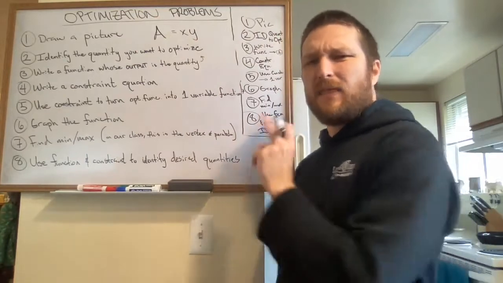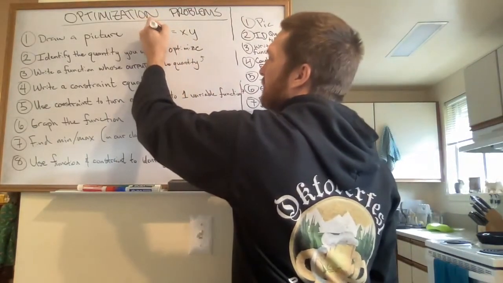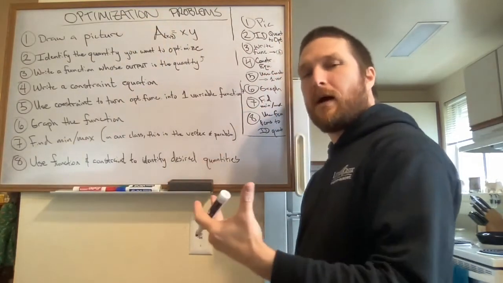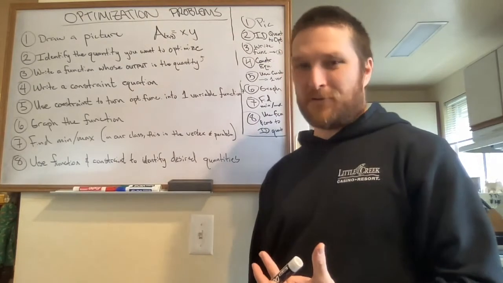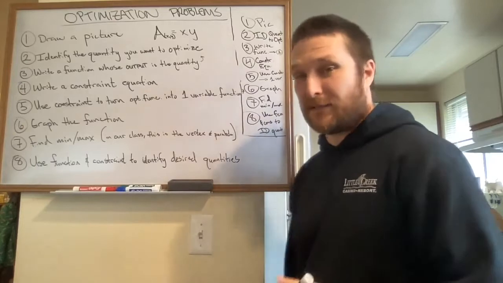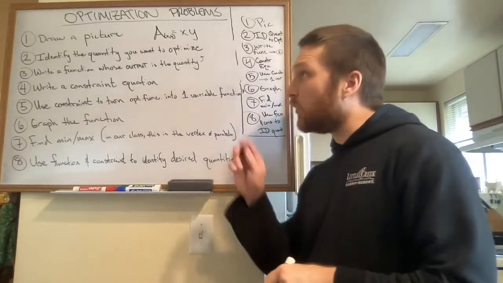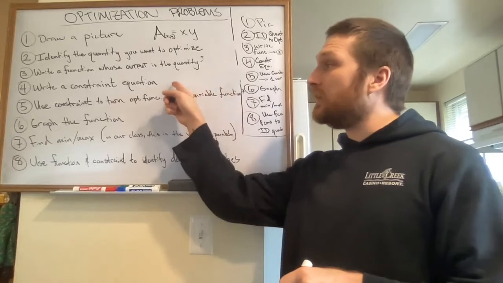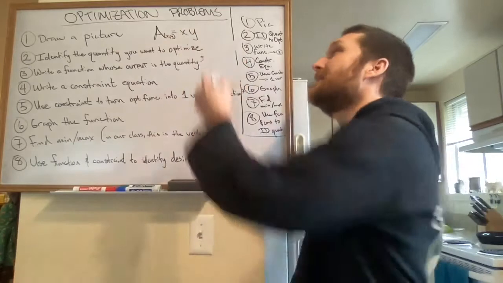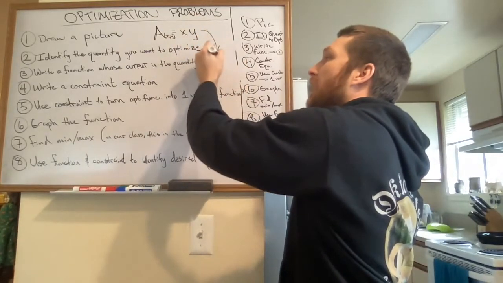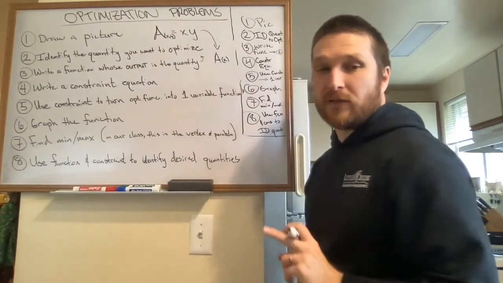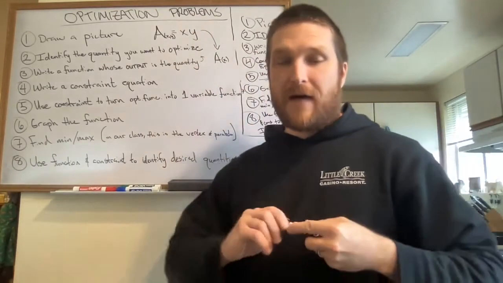The problem is this thing is a function of 2 variables. There's an input x and an input y. We don't know how to deal with functions of multiple variables yet, and even when you go to take calculus, you won't know what to do. You'll find a constraint equation that will let you turn this from a function of 2 variables down into a function of 1 variable and 1 variable only. So that's going to be step number 5.